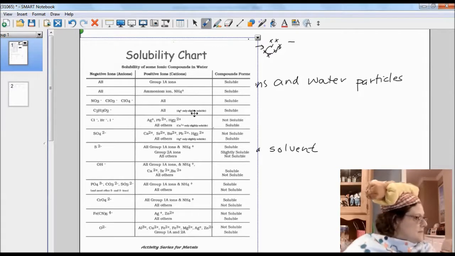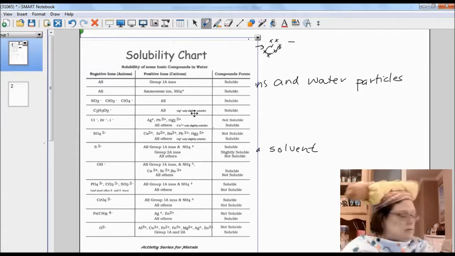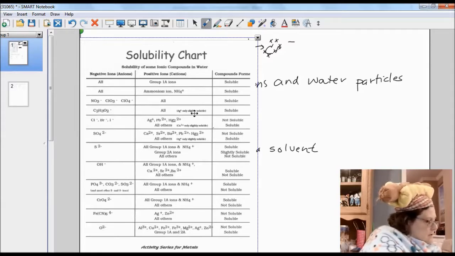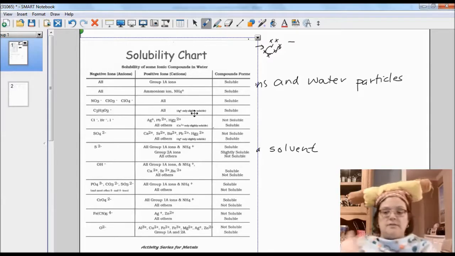Or in your notes, it's on the same page with the hot or not chart that we talked about with single replacement reactions. Okay, hot or not should be on page 11, and the solubility chart is also on there.